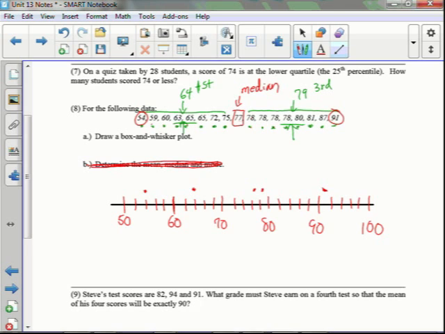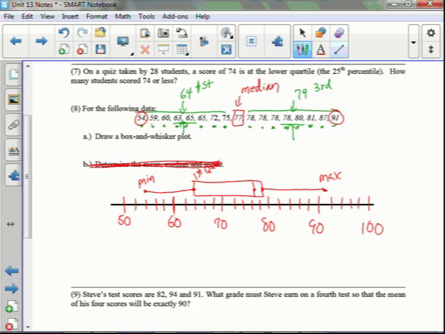So plot your 5 points, draw in your whiskers, and then make your box. So as you do this here, here's your minimum, here's your maximum, here's your first quartile.